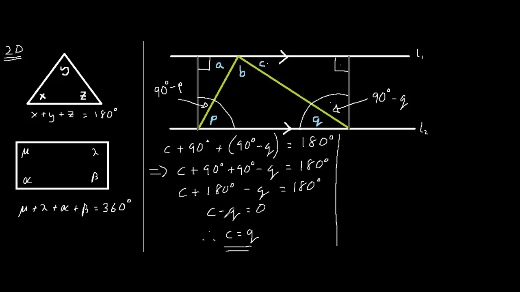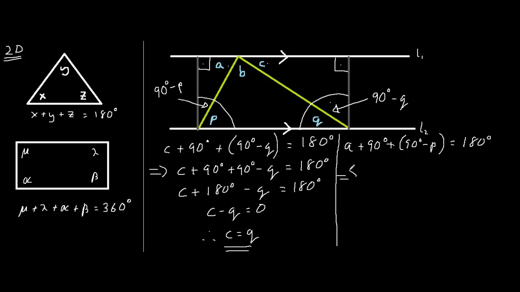Therefore, C is equal to Q. Now, we found out that C is equal to Q. Now we have to prove that A is equal to P. We can do this by using a similar equation. So A plus 90 degrees, so that's this A plus 90 degrees, plus 90 degrees minus P is 180 degrees.